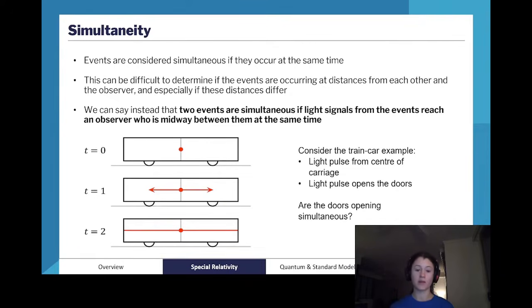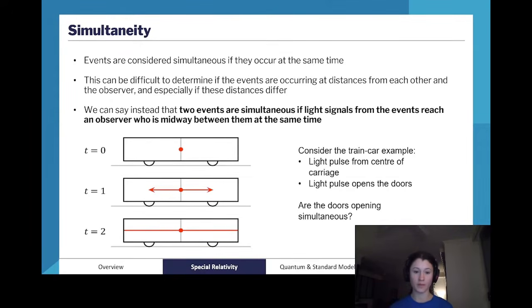So, consider the train-car example. Say we have a carriage shown on the left, and a light pulse is given from the center of the carriage. When the light pulse hits the end of the carriage, it opens a door at either end.